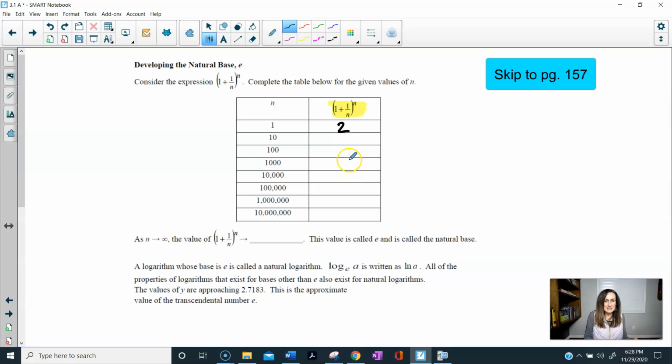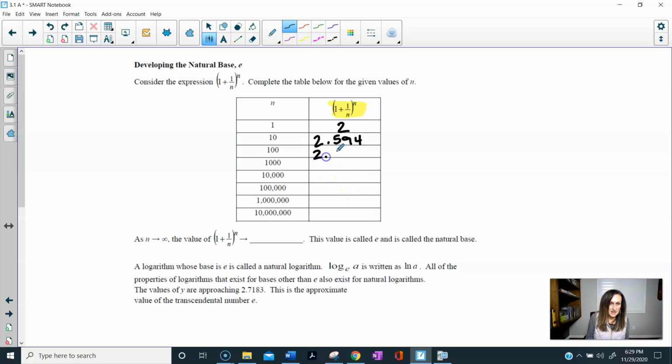When you plug in 10, and again, I just used my calculator to help me with these, I got 2.59594 if I round to 3 places. When I plugged in 100, I got 2.705 rounded. When I plugged in 1,000, 2.717. When I plugged in 10,000, 2.719.